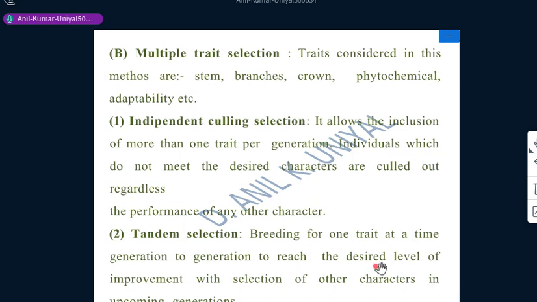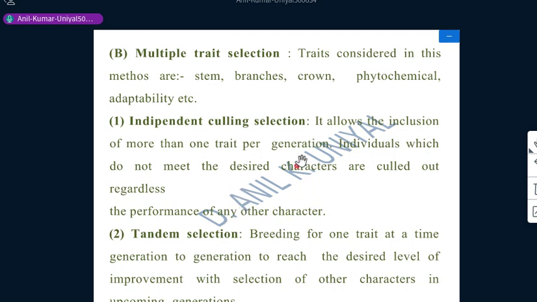The first criterion under this system is independent culling selection. It allows the inclusion of more than one trait per generation. Individuals which do not meet the desired characters are culled out regardless of the performance of any other character.